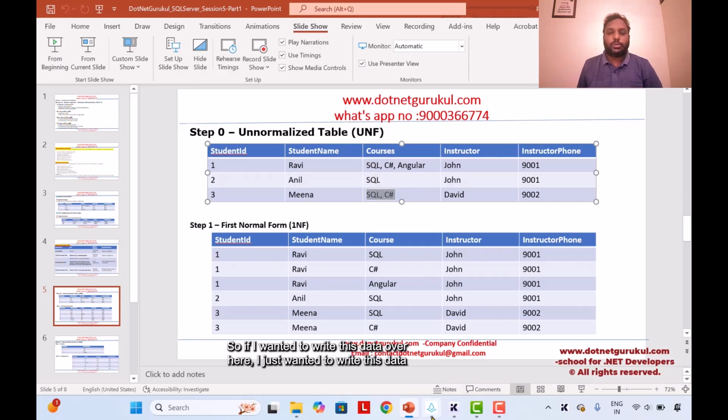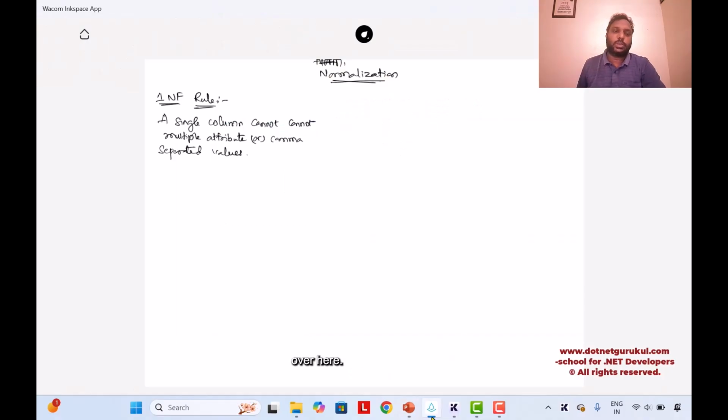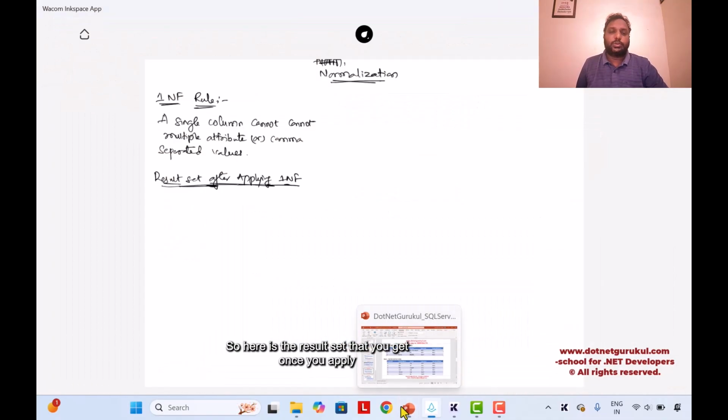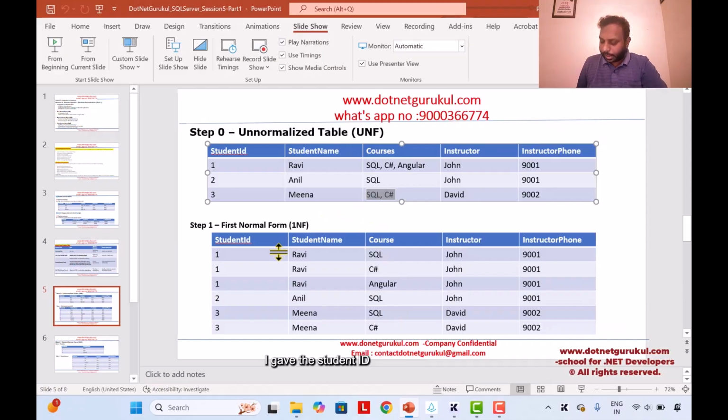If I want to write this data after the first normalization form, what will be the result set after applying first normalization? Okay, I'm going to write the table data here. Here is the result set you get once you apply the first normalization form. I get the student ID, student name, course, instructor, and instructor phone number.